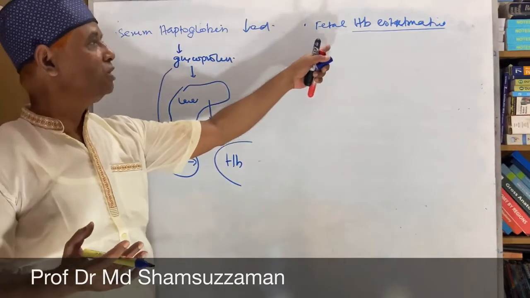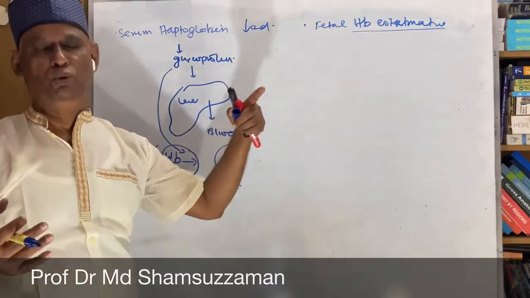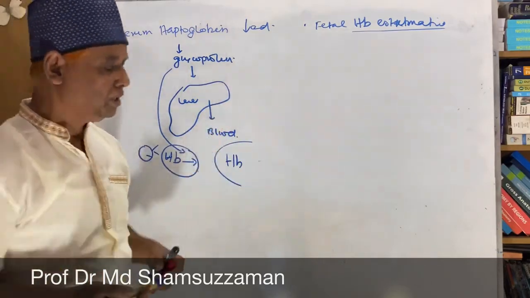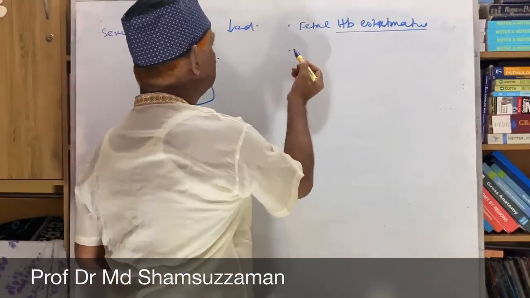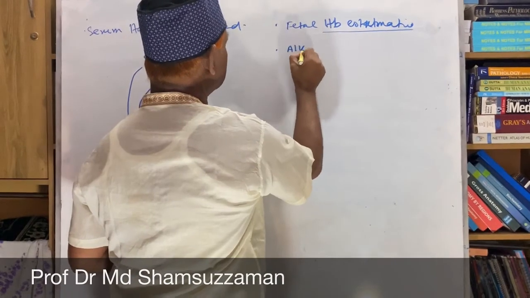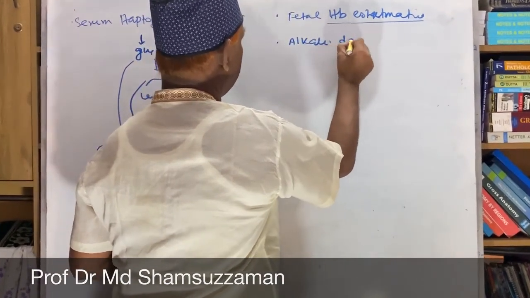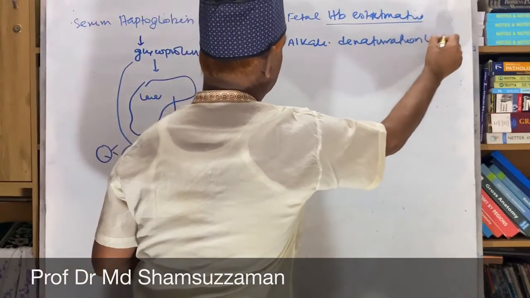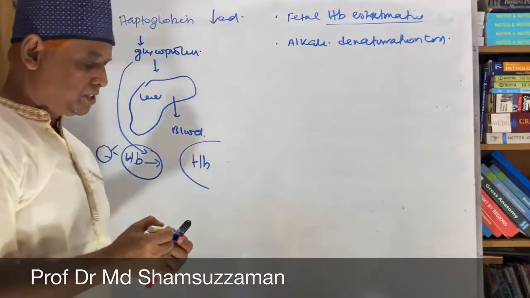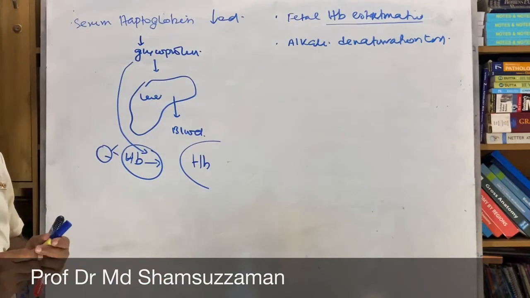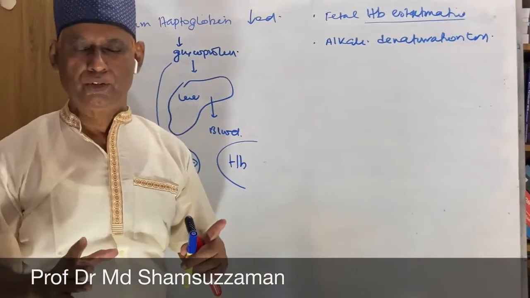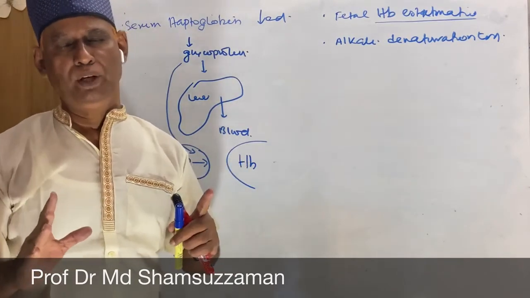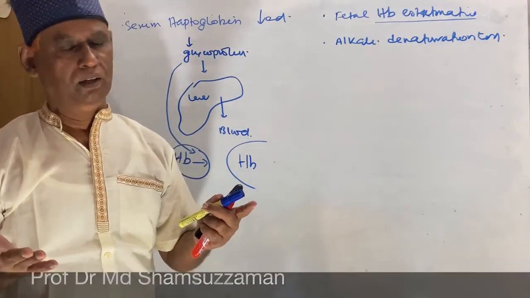So if we do fetal hemoglobin estimation, we will get fetal hemoglobin raised in thalassemia. Alkali denaturation test. Dear audience, fetal hemoglobin resists alkali denaturation, but normal hemoglobin is denatured in alkali.